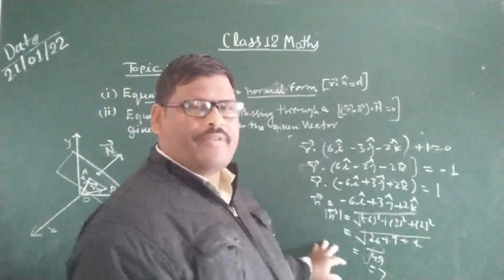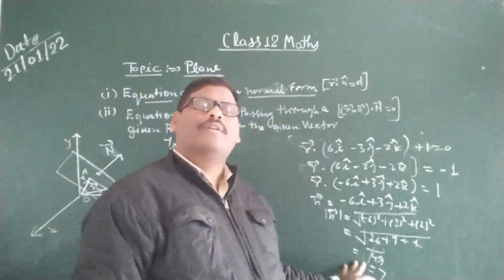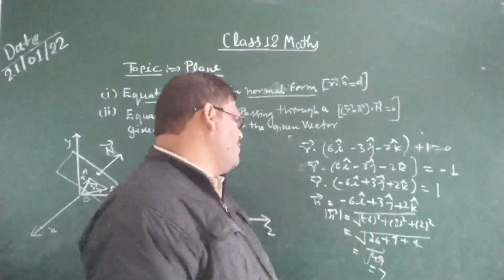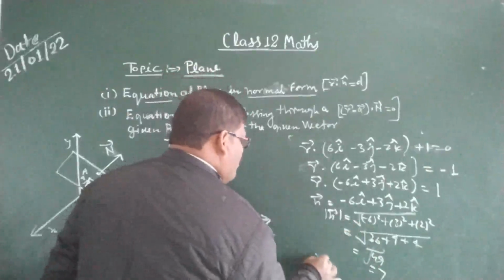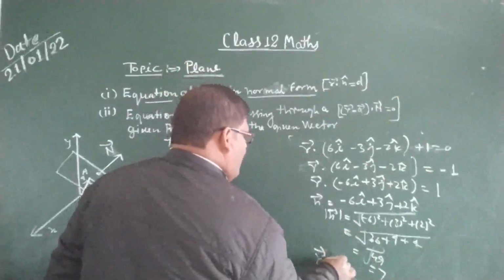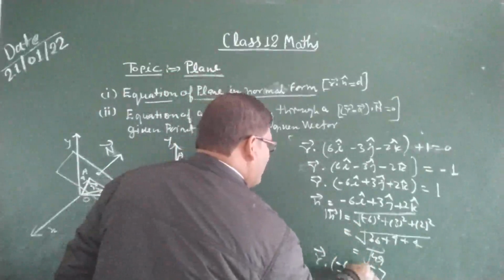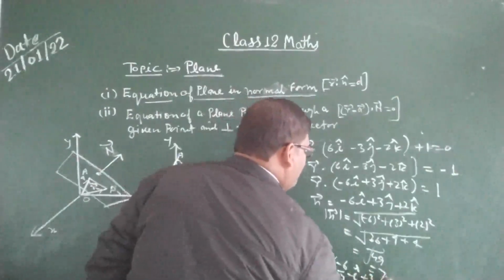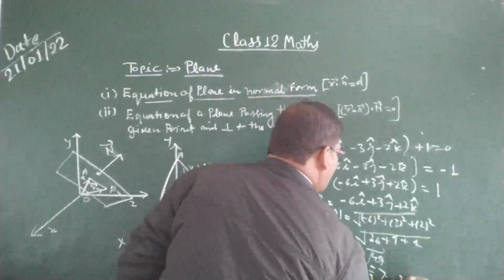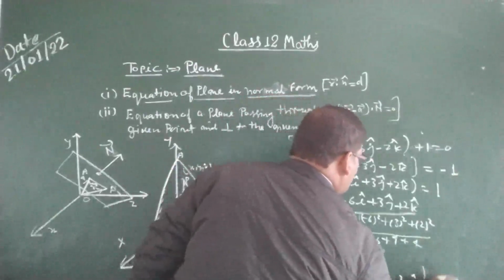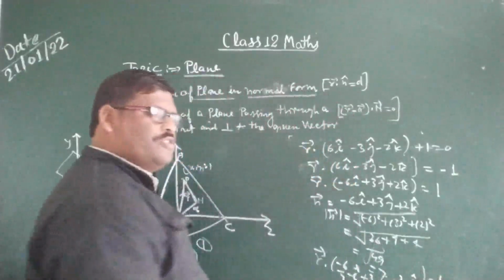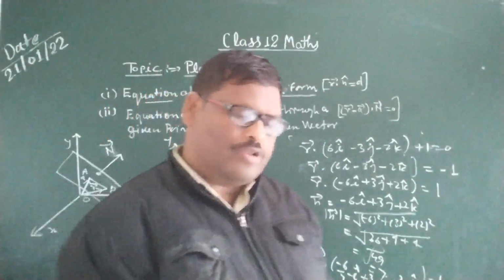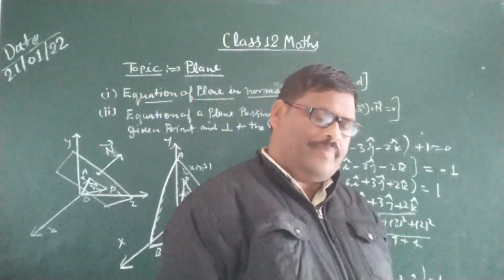Dividing on both sides by 7, the modulus of the given vector, you obtain vector r dot (minus 6 by 7 i cap plus 3 by 7 j cap plus 2 by 7 k cap) is equal to 1 by 7.